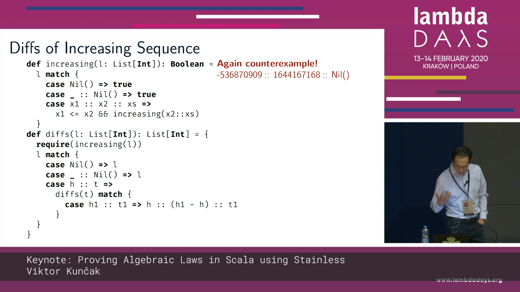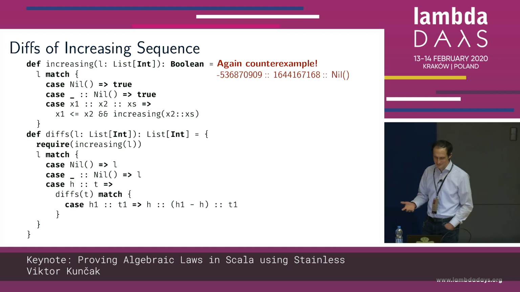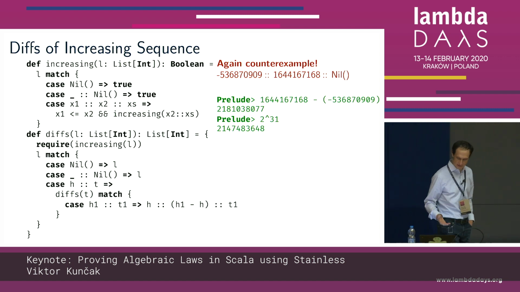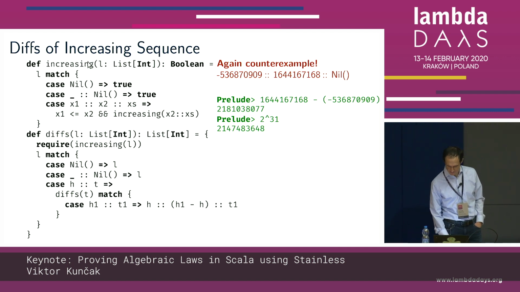And so when you run this, then you get a counterexample. In fact, the previous counterexample was already an increasing sequence, but here I got another one, and I went and checked it. Apparently, I used GHCi to check that this made sense using arbitrary precision arithmetic, and indeed, 2 to the 31 is this number, and the subtraction of these two values that I got is a little bit bigger number.